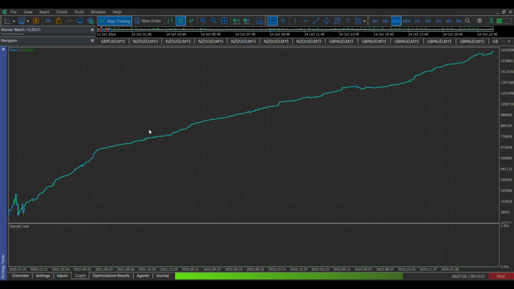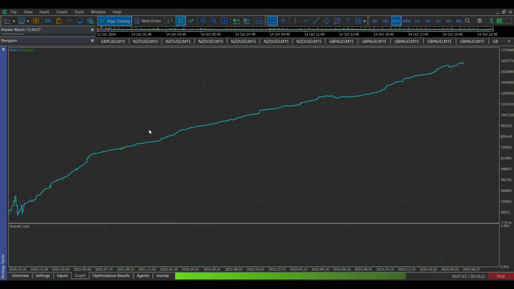Starting it was 2, so you can make it around 10 to 20 lots. If the lot size was changed to 10 here, the profit would be going like this. It is making a good amount of profit with 2 lots only.